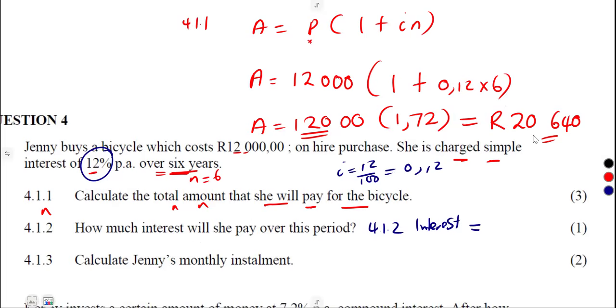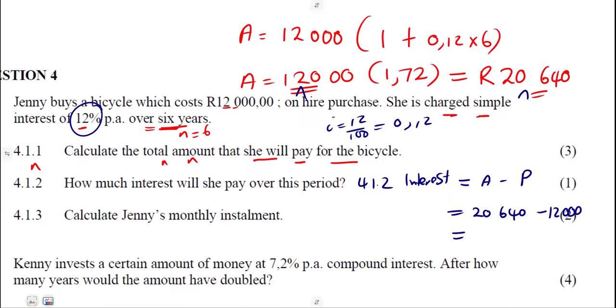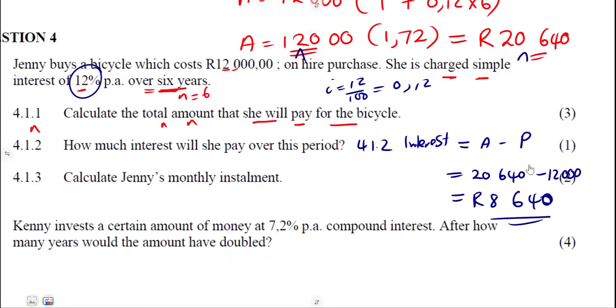So it's accumulated minus the principal. That is 20,640 minus 12,000, the one that we started with. This was going to give us 8,640. So that was it on 4.12.